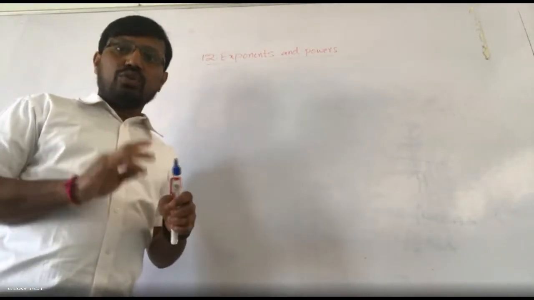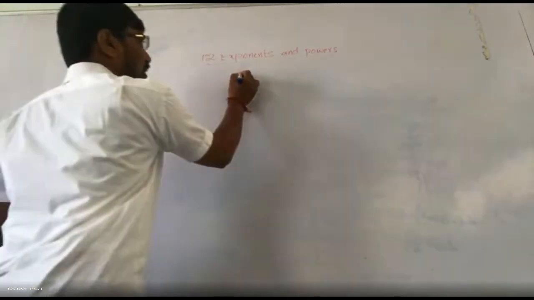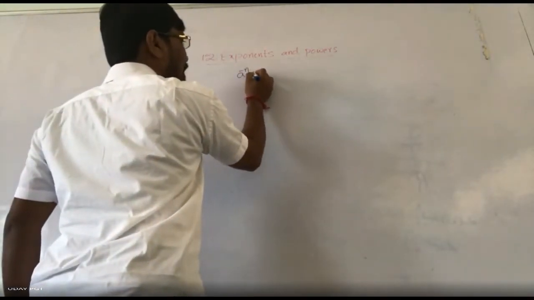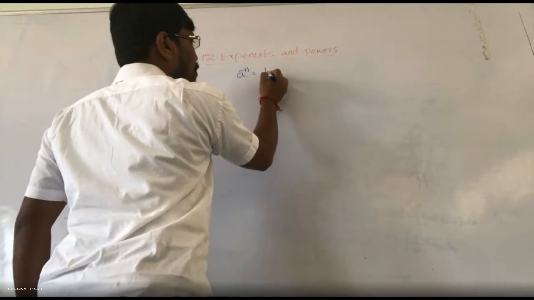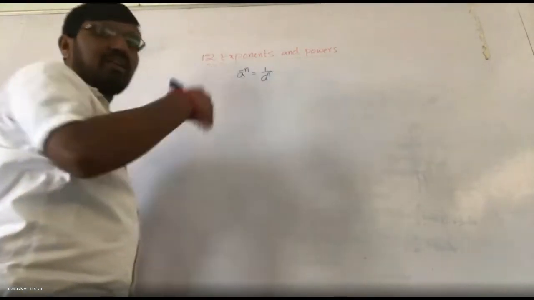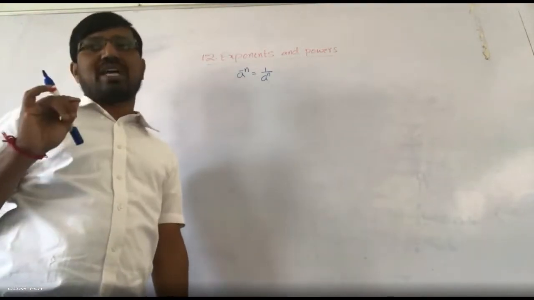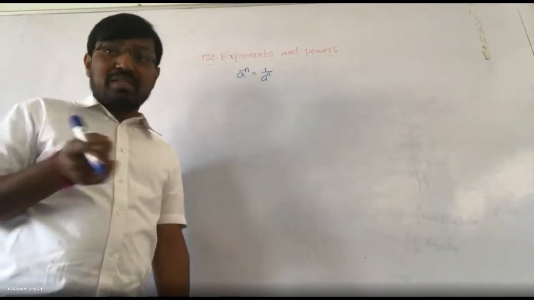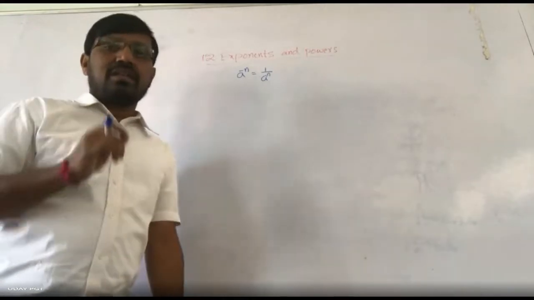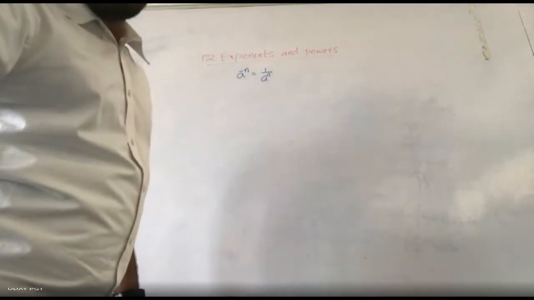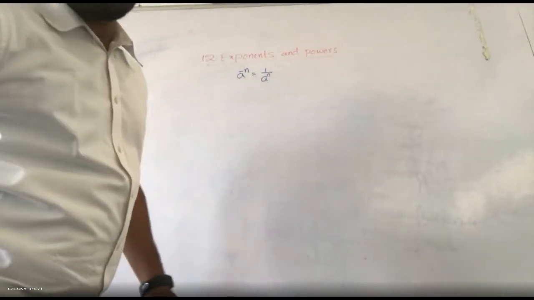So remember the main thing: a to the power of minus n. When the power is minus n, if we bring the power down along with the base, the negative power becomes a positive power. The reason behind it is through the example I have explained to you, isn't it?